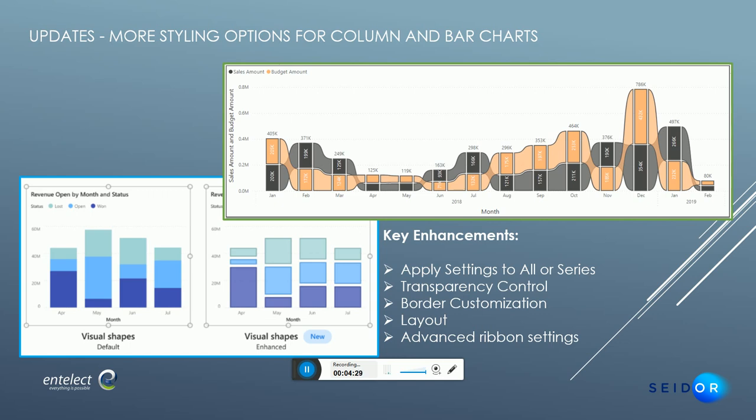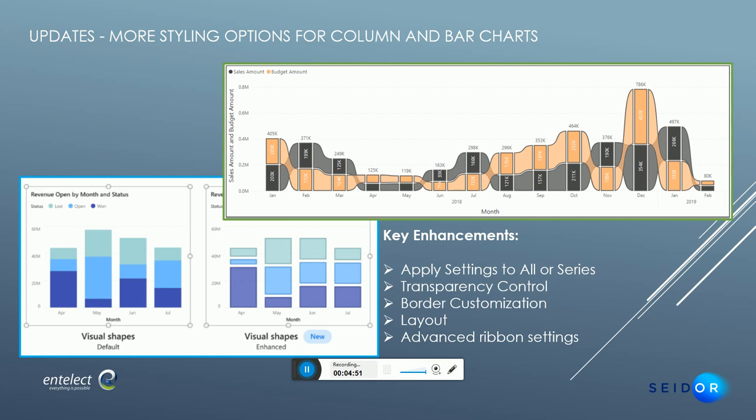As I've mentioned, you can adjust the transparency, apply border customizations, but there's also layouts that you can use, which will then assist you in terms of basically using spaces in between your visuals to ensure that you've got the perfect layout and you've got it customized the way you would like to.